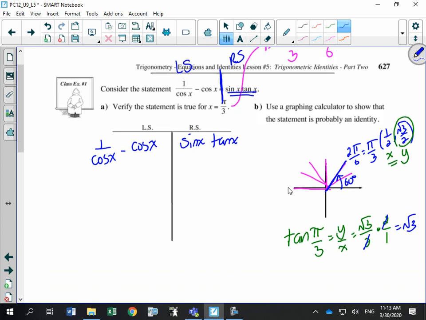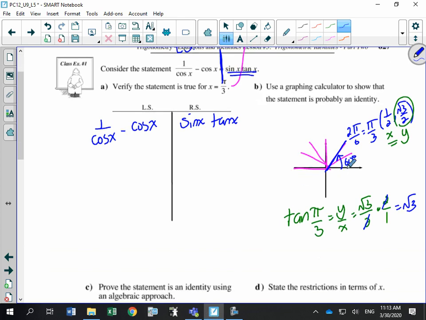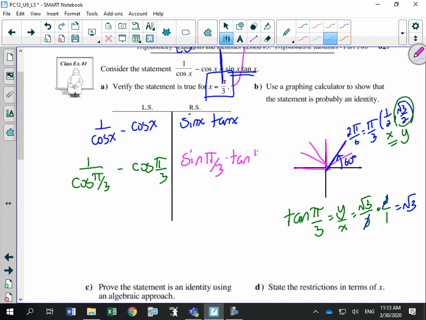From here, they want me to verify this statement is true for x is equal to pi over 3. So take x out and substitute in pi over 3. 1 over the cos of pi over 3 minus the cos of pi over 3. On the right-hand side, I'm going to have the sine of pi over 3 times the tan of pi over 3.